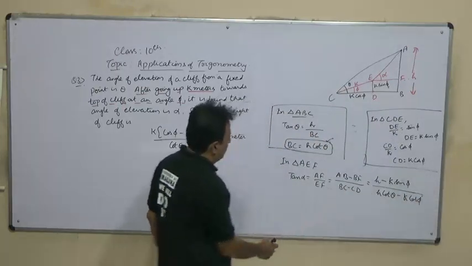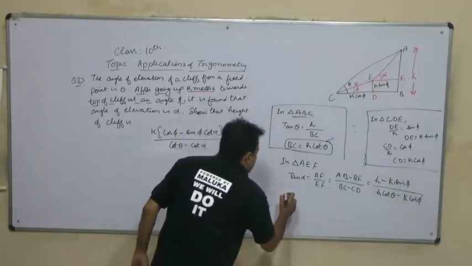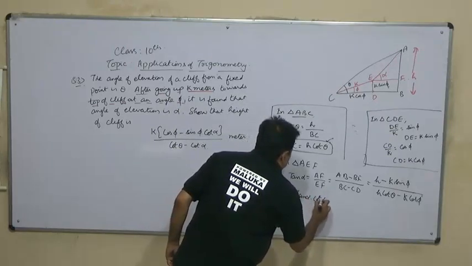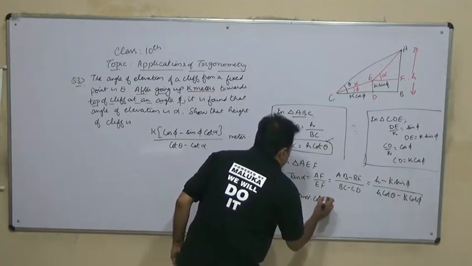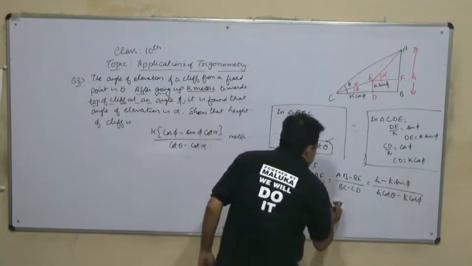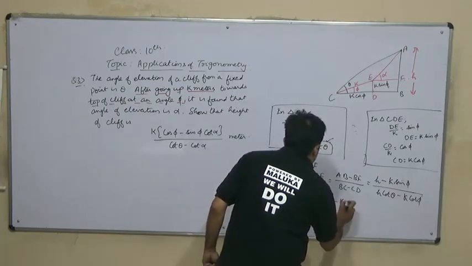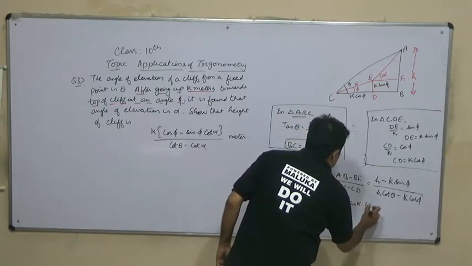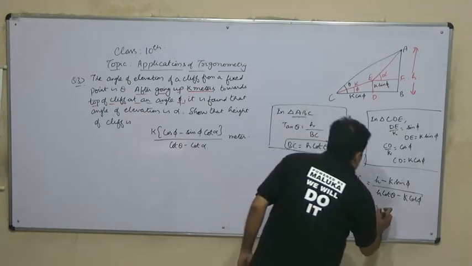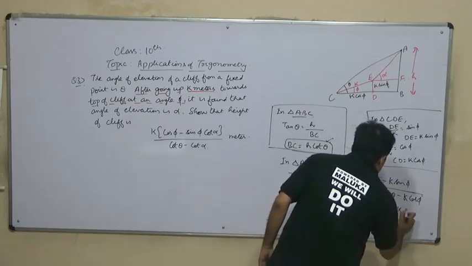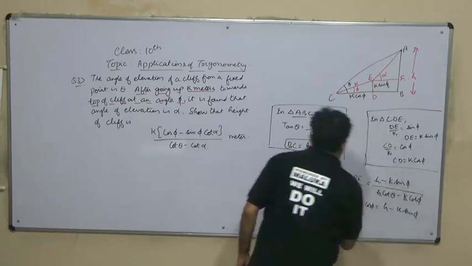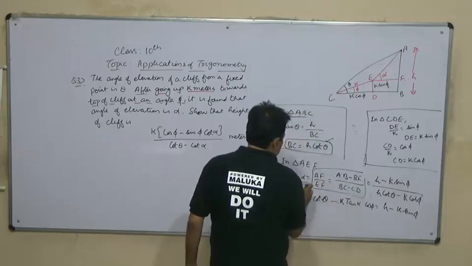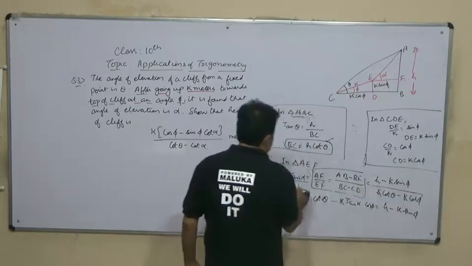Now we can cross multiply it. This will be H tangent alpha cot theta minus K tangent alpha cos phi is equal to H minus K sin phi. So we cross multiply tangent alpha into this and 1 into this.